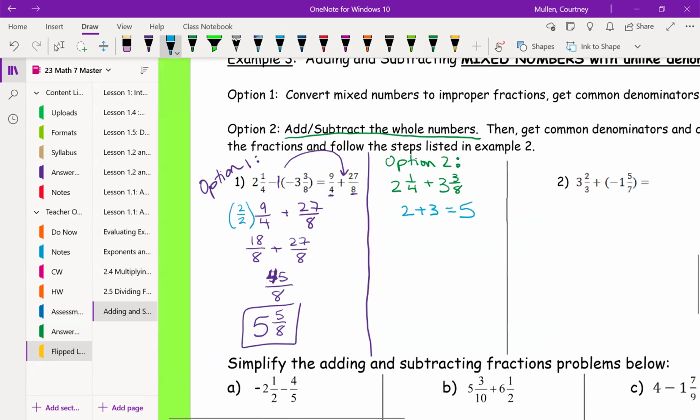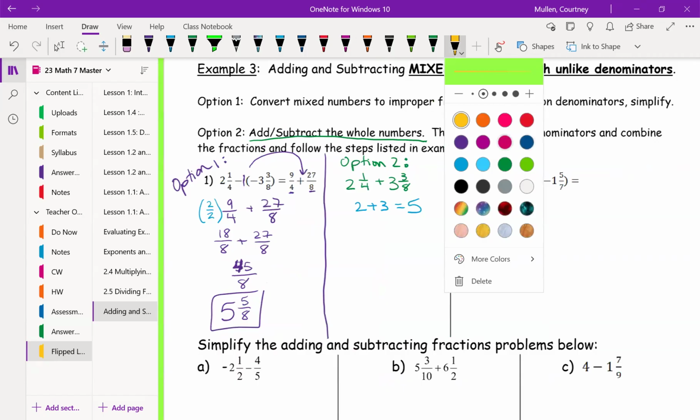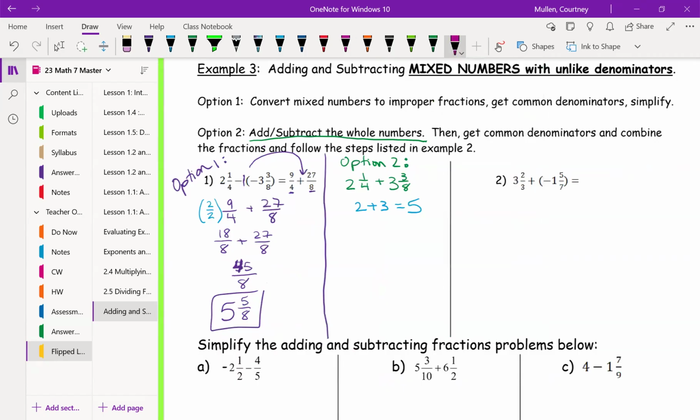Then it says, then get common denominators and combine the fractions and follow the steps listed in example 2, which was on the front side. So now we're talking about the fraction pieces, the 1/4 and the 3/8.